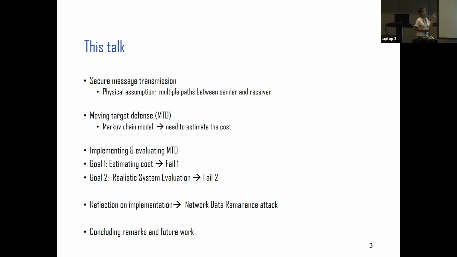Then I argue that we need an implementation of this MTD, and when we do this implementation, the failures we encountered while trying to achieve our research goal. And finally, how looking at all these experiments and failures allowed us to find a new side channel attack in these systems. And then some concluding remarks.